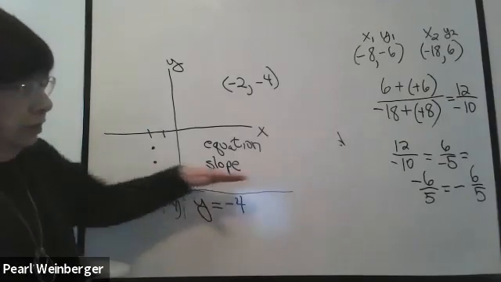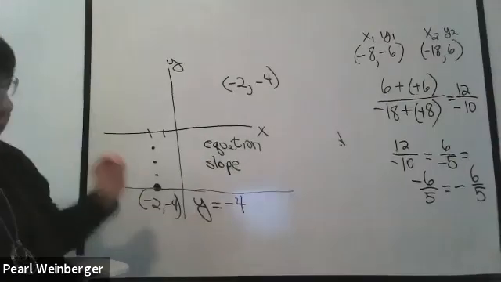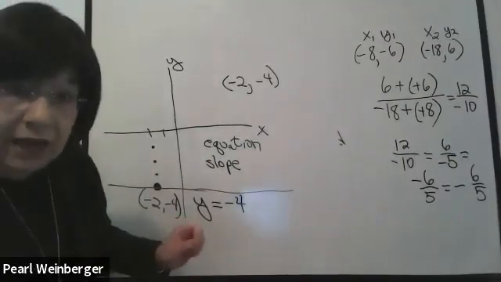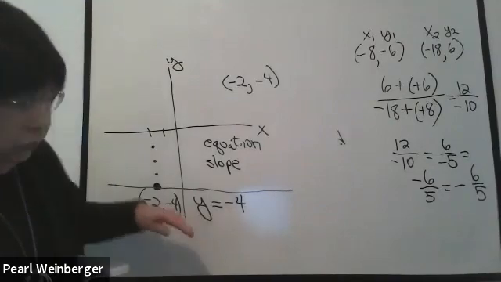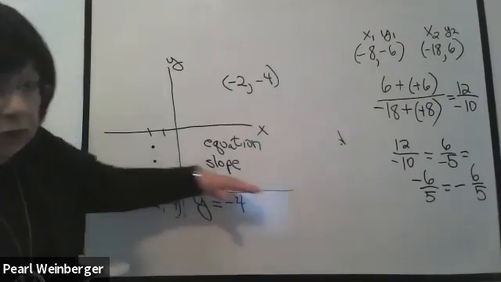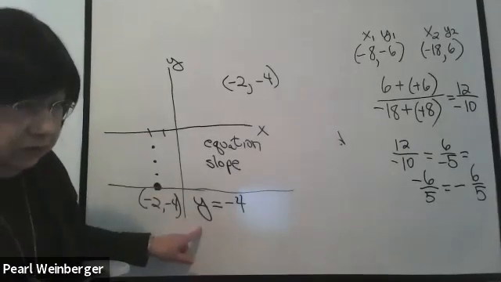But lines that are horizontal only have one variable. What kind of variable does a horizontal line have? It only has a y.